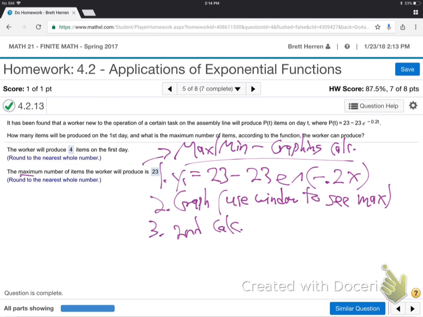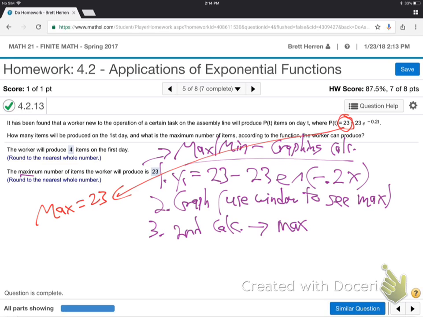I'll send you a YouTube also, because these steps are not being captured on this video. Whenever I go to the graphing calculator, that's not on YouTube. I'll send you a YouTube with finding maxes and mins. So hit second calc and then choose max.